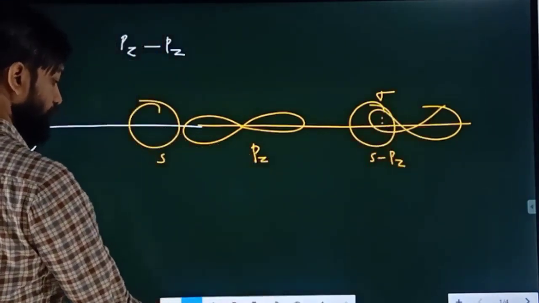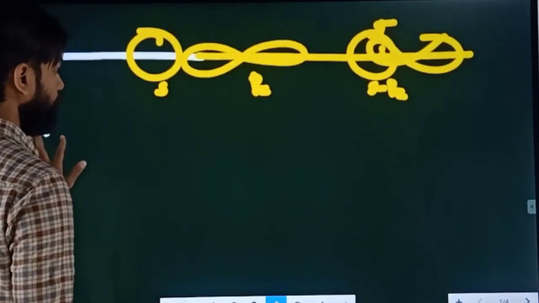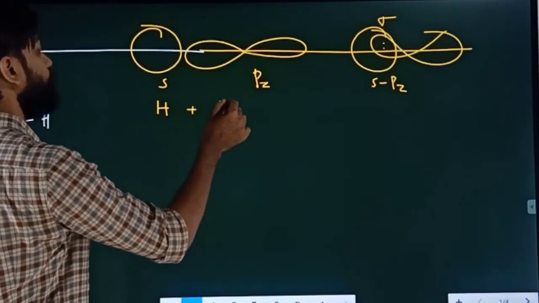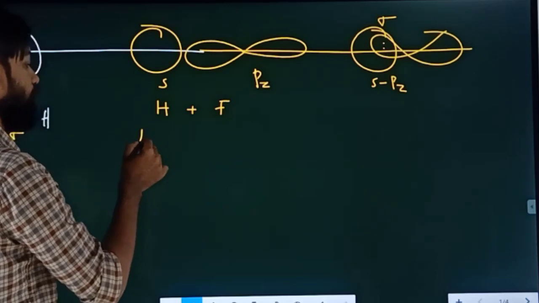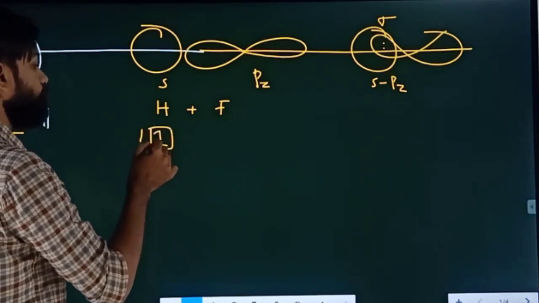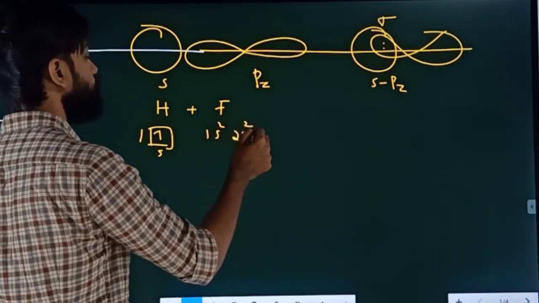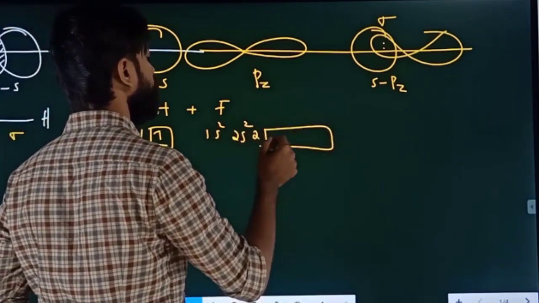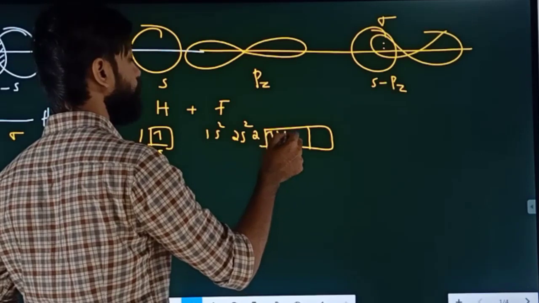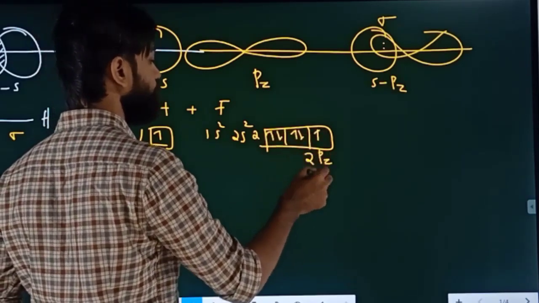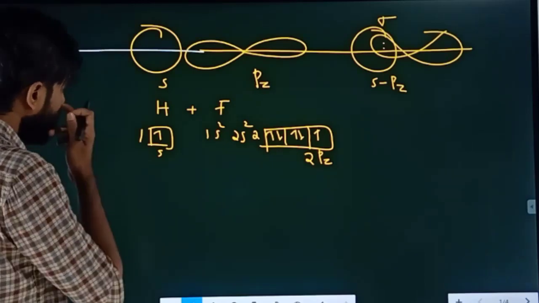Okay, I'll give you an example for that. Let's consider HF, H plus F. Hydrogen is 1s1. Fluorine is 1s2, 2s2, 2p5. 2p5 is actually like this. So this is the 2pz.